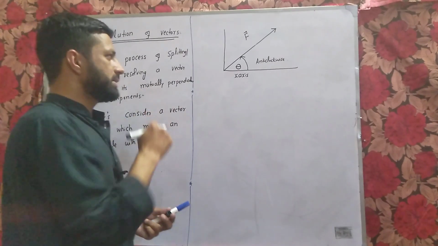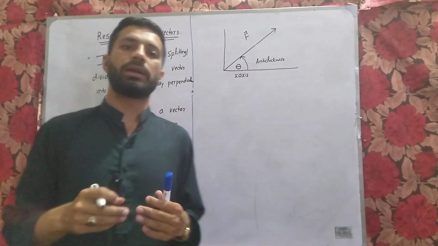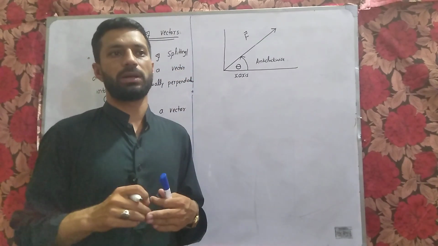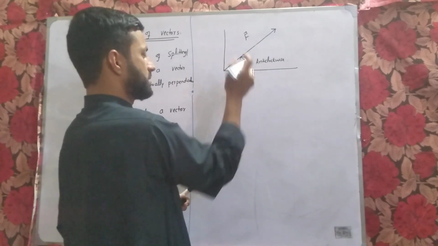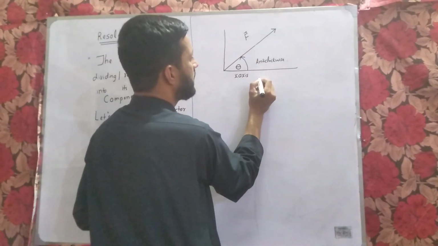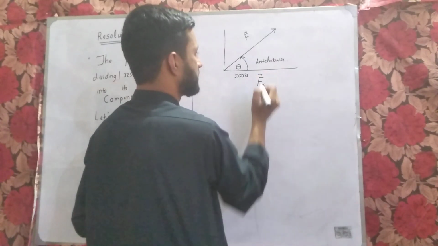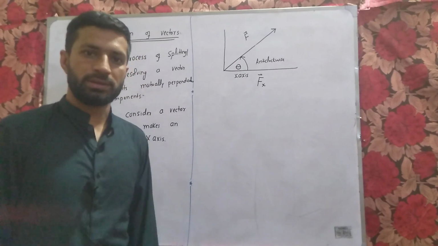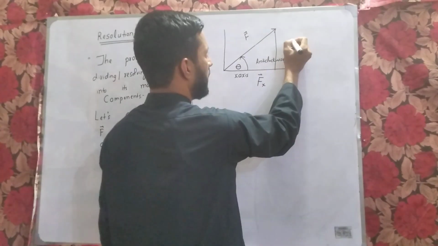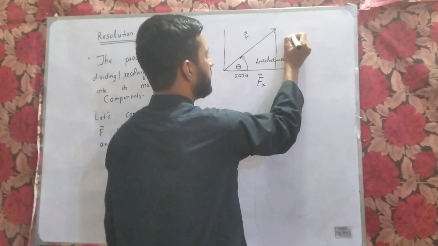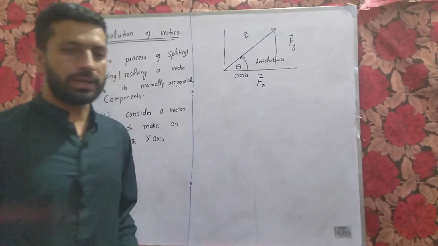Now, in this topic, we will resolve this into its components. Some part of this vector is along the x-axis, so that is the part of f along the x-axis, called fx. The other part is along the y-axis, called fy.